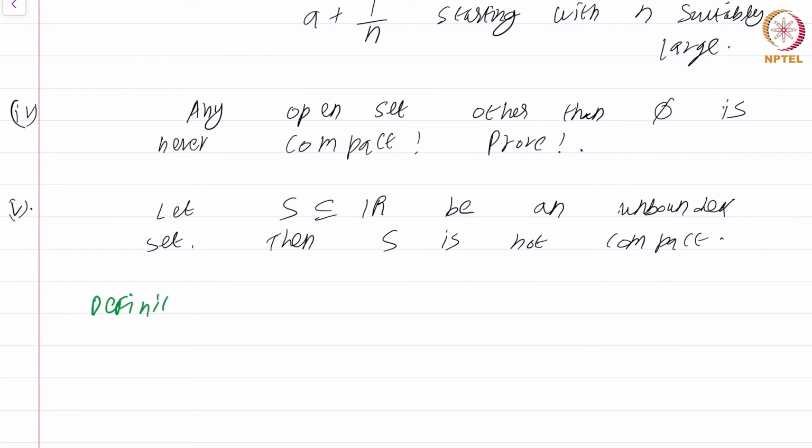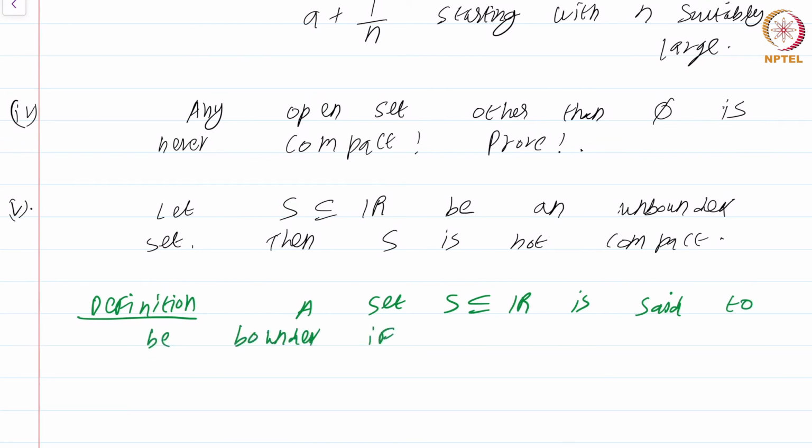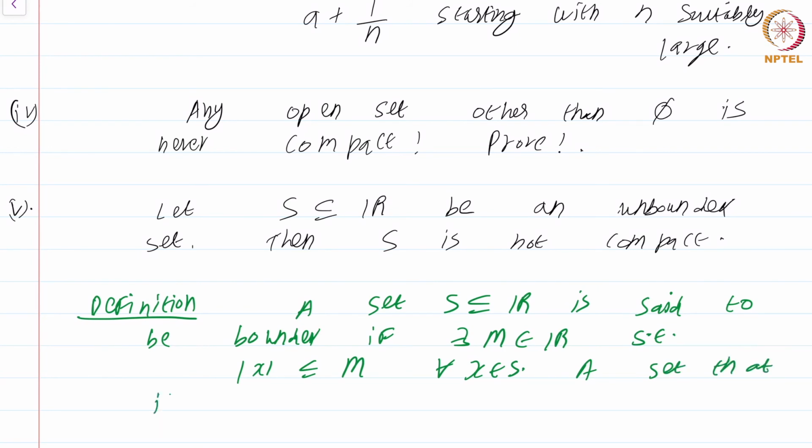Definition: a set S subset of R is said to be bounded if there exists M in R such that mod x is less than or equal to M for all x in S. A set that is not bounded is said to be, tada, unbounded.